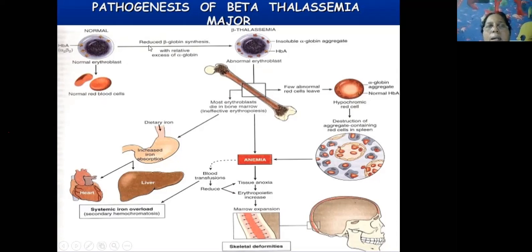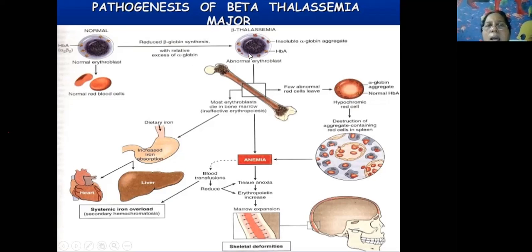But here in thalassemia, there is reduced beta globin synthesis, so alpha globin is in excess. It is not produced more; it is a relative excess. There is no beta globin to join with it.